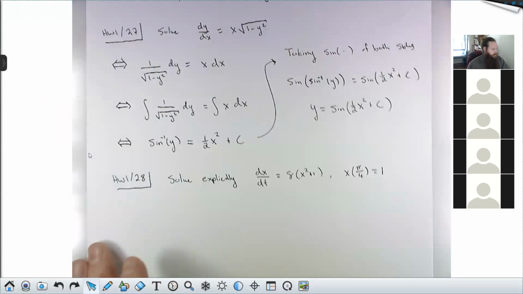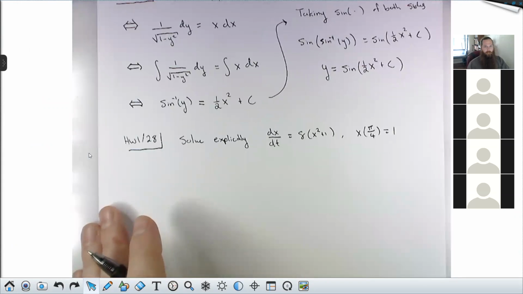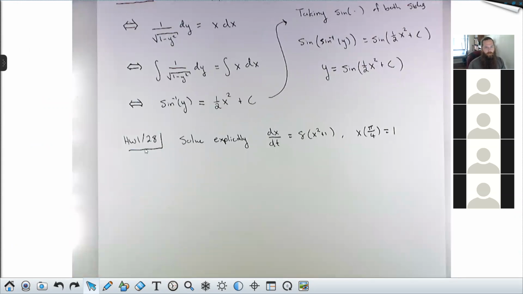I smell some arctan stuff. More inverse trig. The equation is again separable. Remember the independent variable here is t. So it's not like I can just integrate on both sides right away. I do need to separate variables.